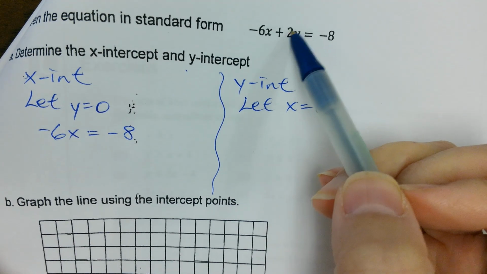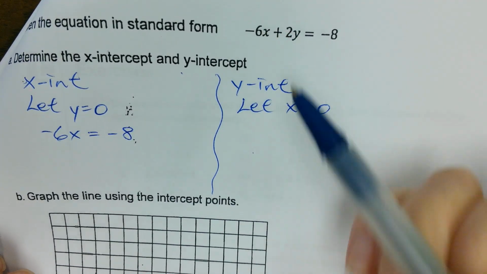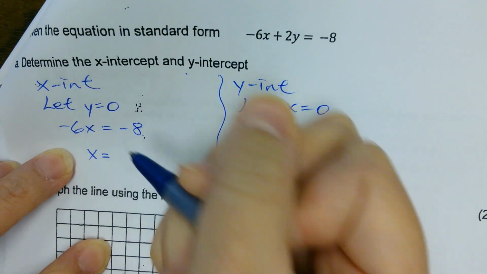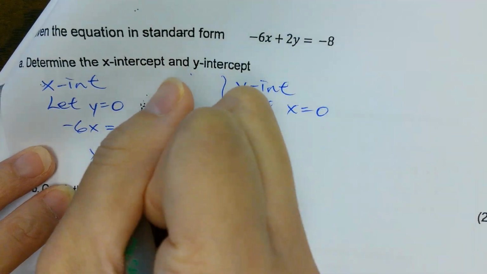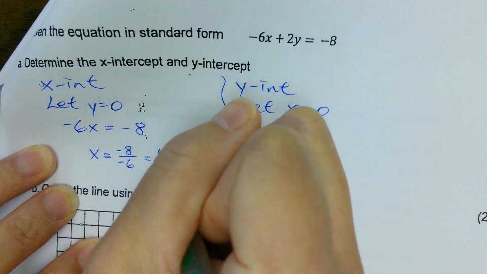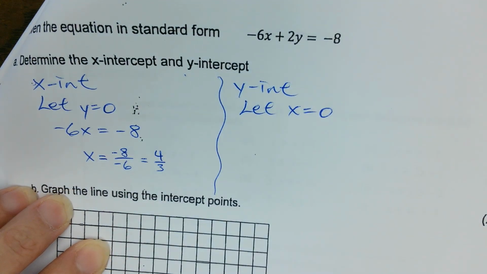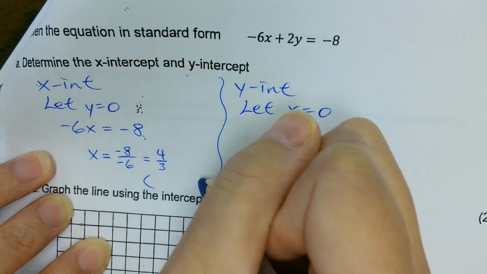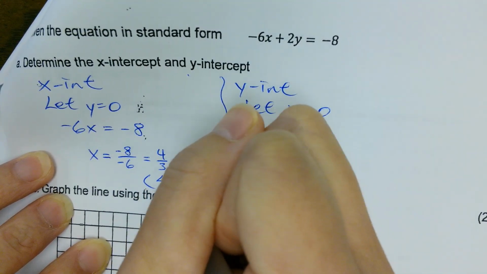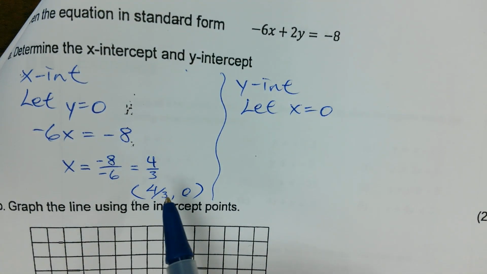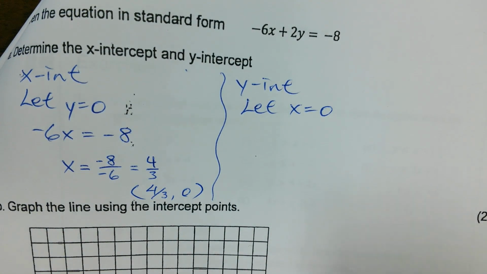Anything times 0 is gone. When you divide, what's negative 8 divided by negative 6? 4 over 3, positive 4 over 3. So what's my coordinate here? 4 over 3, 0. Good. If you were to graph it, that's about 1.3.